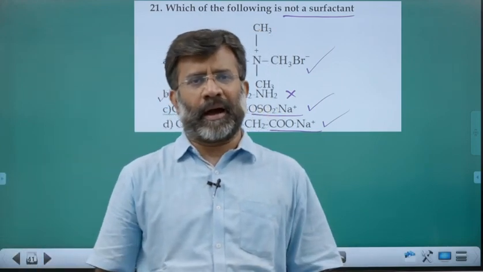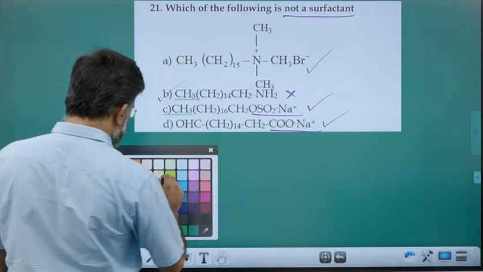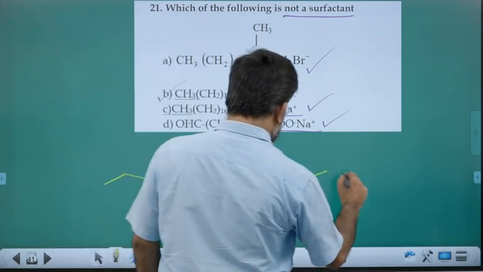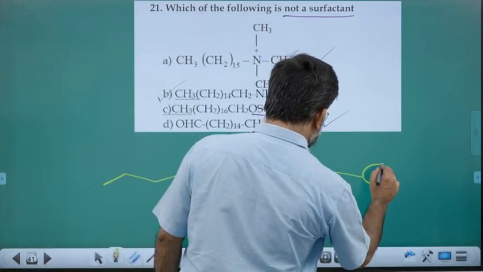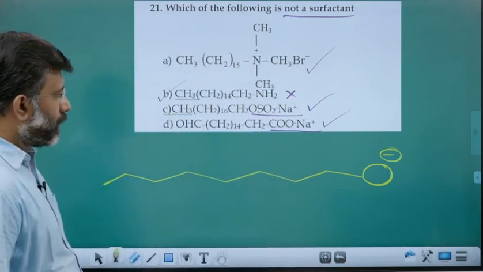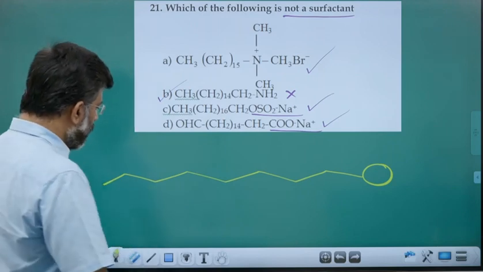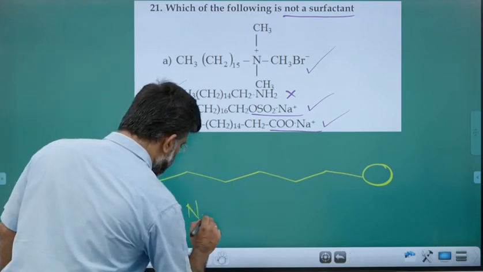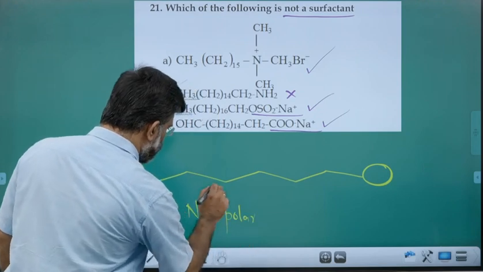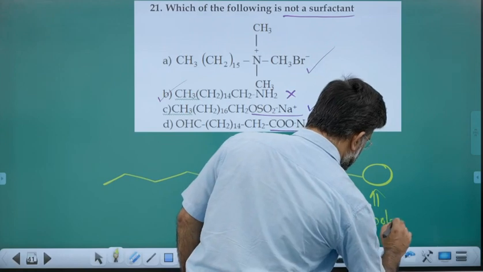It's a simple amine. A surfactant or a soap molecule, a detergent, you know, will have a hydrophobic tail and a polar head like this. There will be a non-polar tail and there will be a polar head, all of you know.